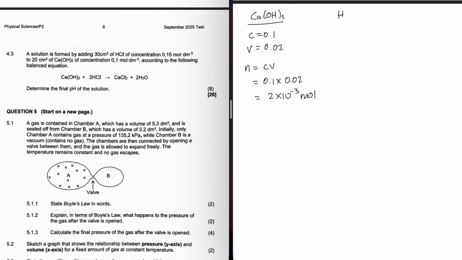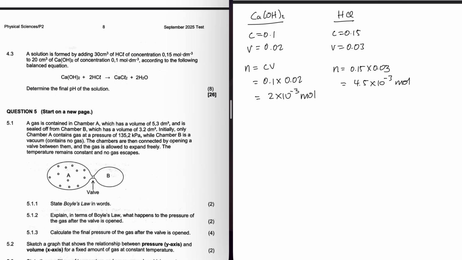Now for HCl, we know the concentration 0.15 and we know the volume 0.03. We can calculate the moles again. So 0.15 times 0.03, which is equal to 4.5 times 10 to the negative 3 moles. Now to figure out what's in excess, we need to do a ratio.